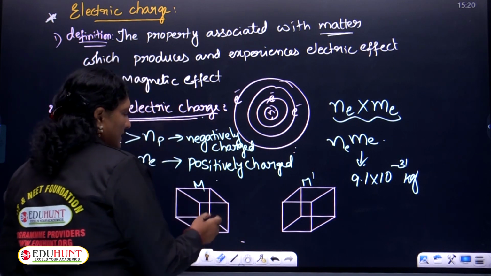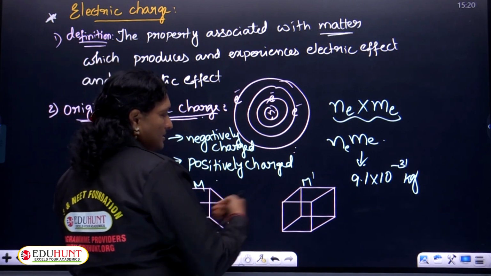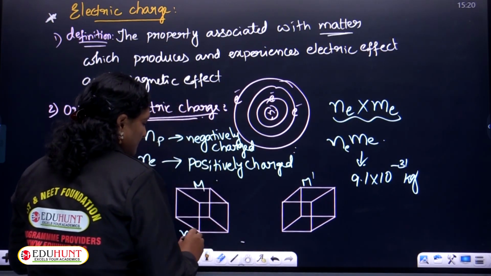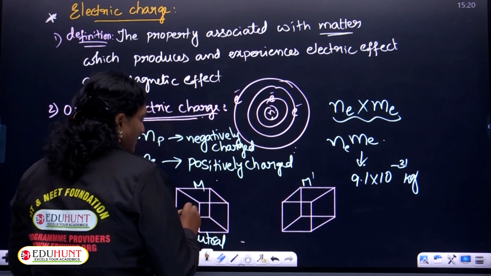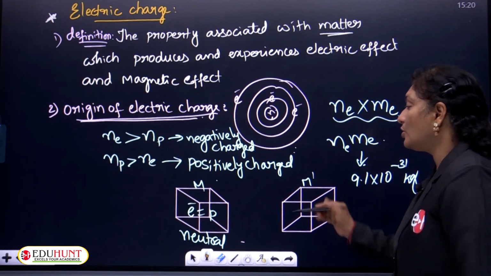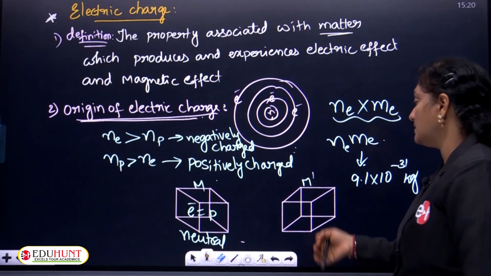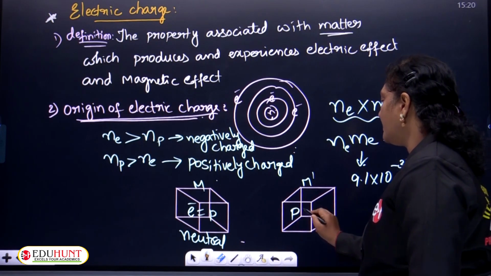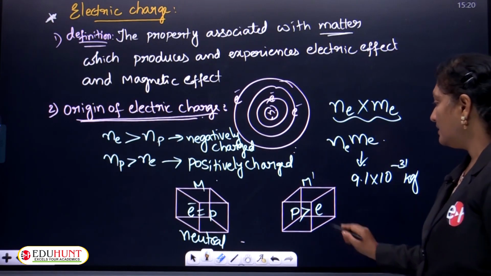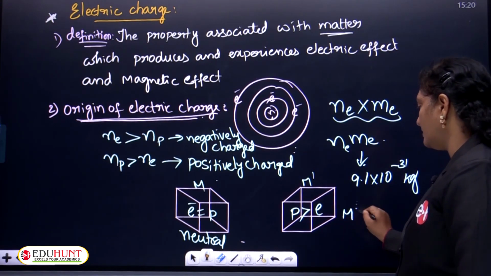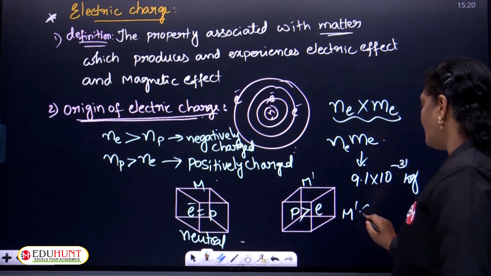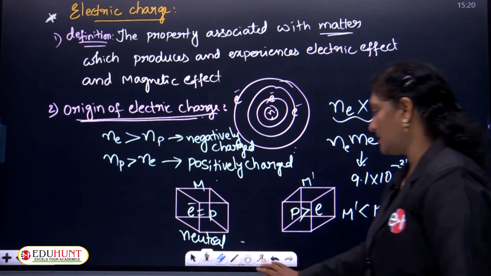Whenever electrons are removed, clearly the number of protons will be greater than the number of electrons. Because electrons are removed from the body, mass is decreased. The new mass will be less than the older mass.